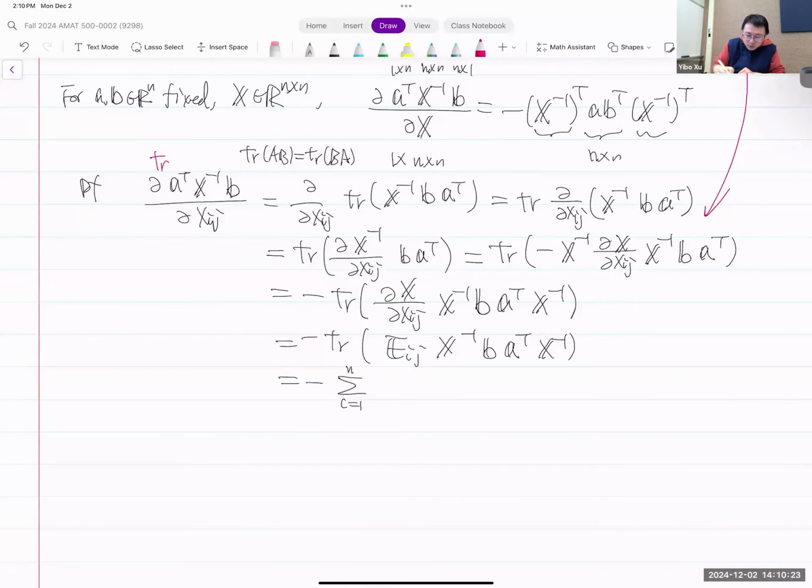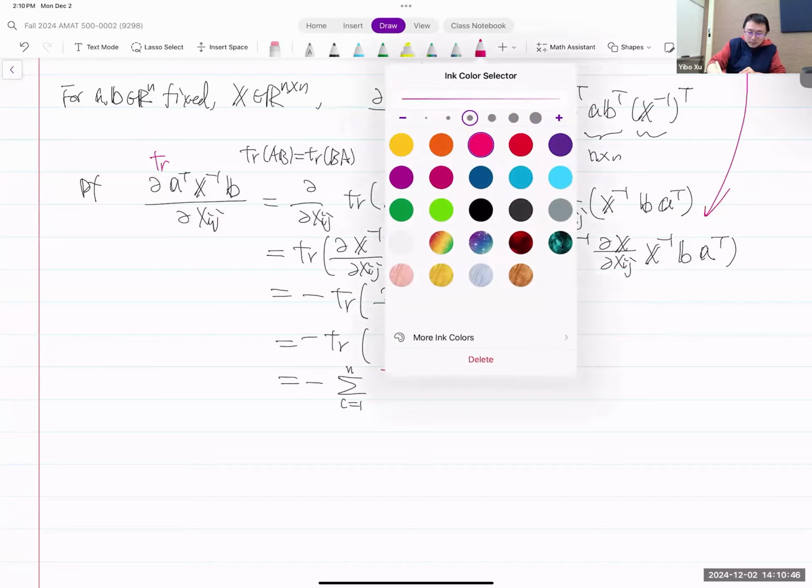So now let me choose the product to be Eij multiplying by the rest. Now I have the C's row, C's column element in the product, right? So I pick up the C's row of the left-hand matrix and the C's column of the right-hand matrix.